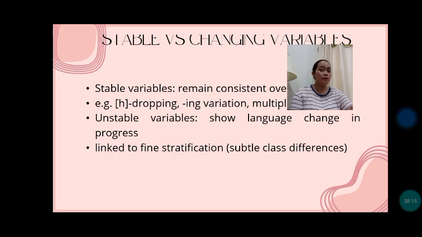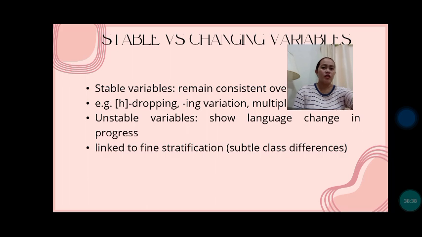So to sum it up, the regional dialects reflect geographic separation. And then social dialects reflect social stratification and identity. Phonological and grammatical variation correlates with social class. And then stable variables indicate long-term linguistic norms.